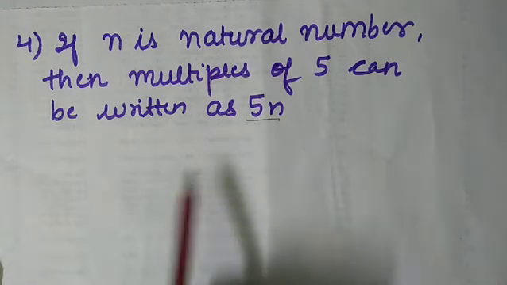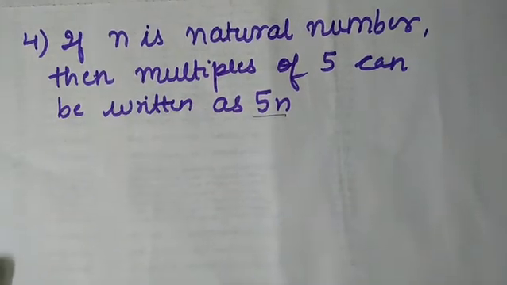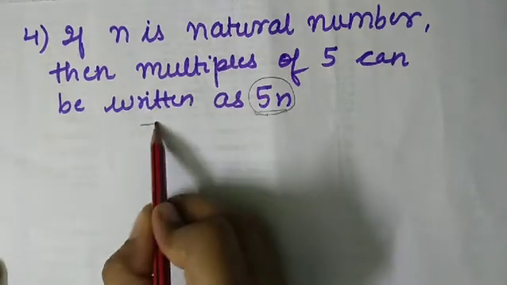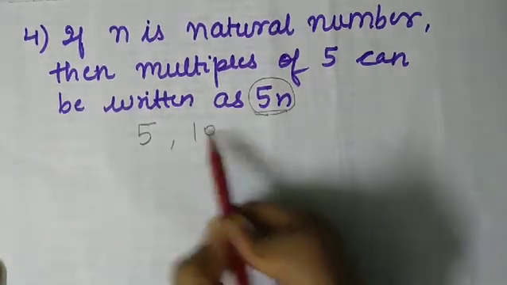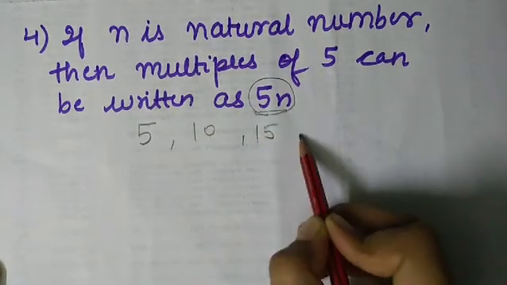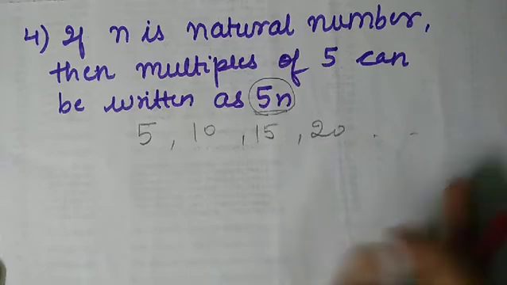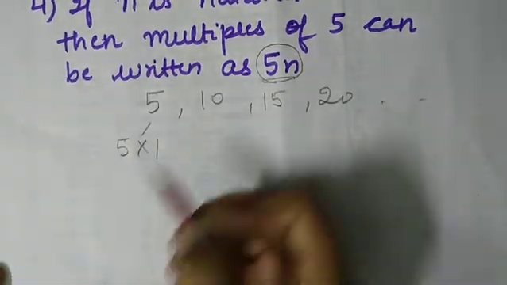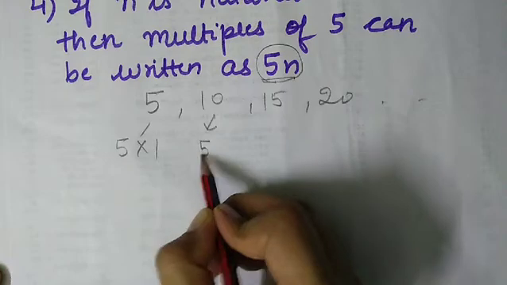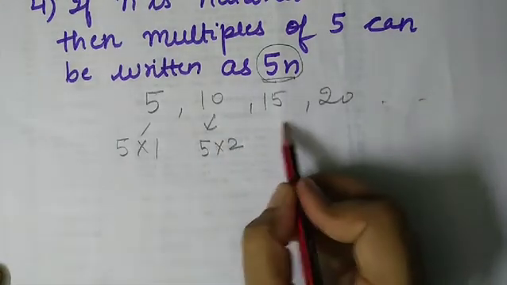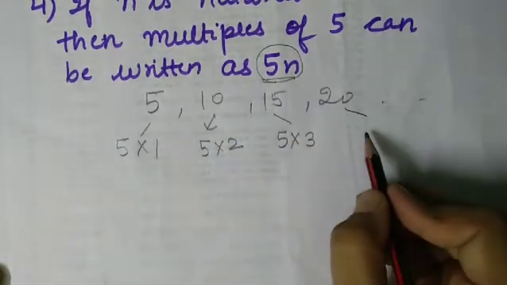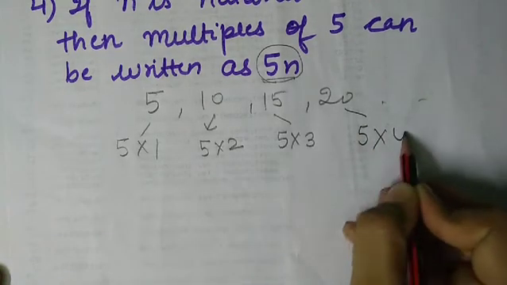So let us understand this. Let us write the multiples first, as we have to derive 5n. Multiples of 5 will be 5, then 10, 15, then 20 and so on. 5 can be written as 5 into 1, 10 can be written as 5 into 2, 15 can be written as 5 into 3 and 20 can be written as 5 into 4.